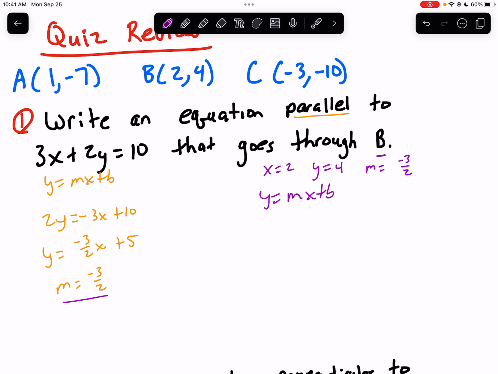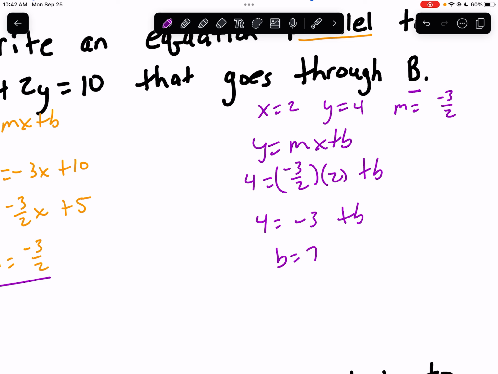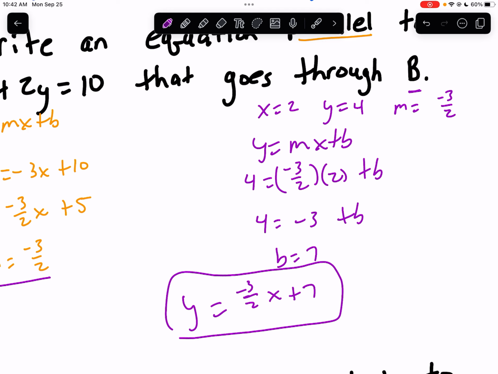I'm going to plug in 4 for y, negative 3 halves for m, 2 for x, and solve for b. Well, the 2's would cancel out, so 4 would equal negative 3 plus b, so b must equal 7. So my equation for the entire line is y equals negative 3 halves x plus 7. Boom.